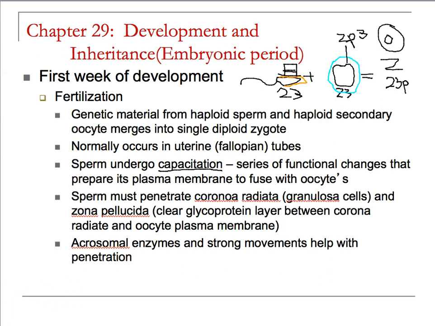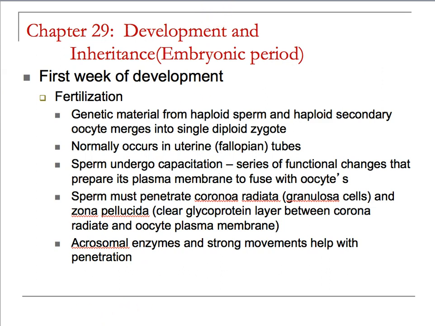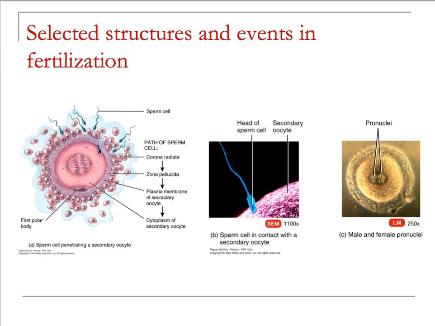Having said that, let's get rid of the drawings here and go over here, and you're going to see pretty much what I was trying to draw. Notice inside your textbook, they have it arrested at the anaphase 2 portion of meiosis II, but one spermatocyte has gotten through.